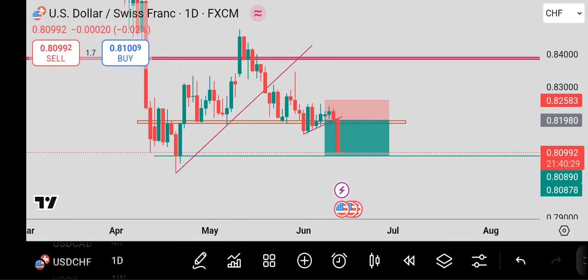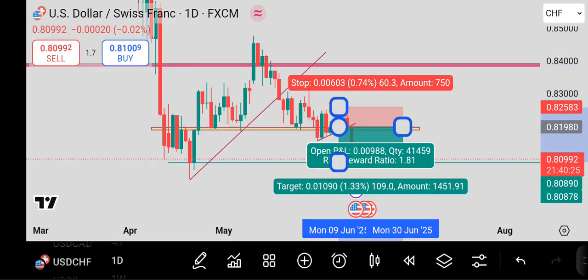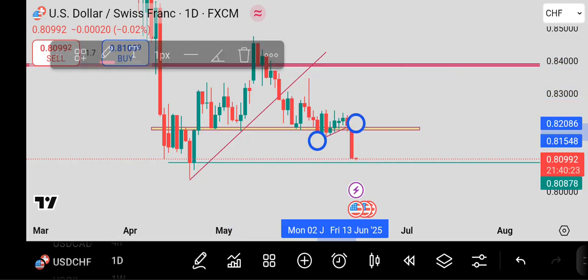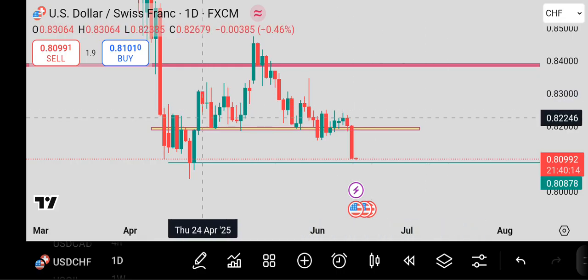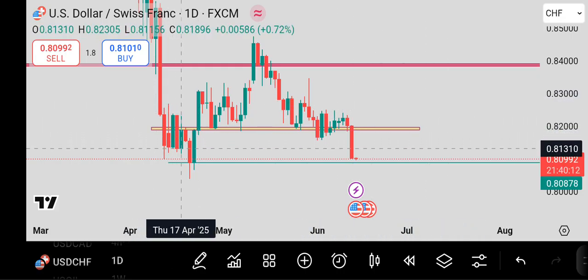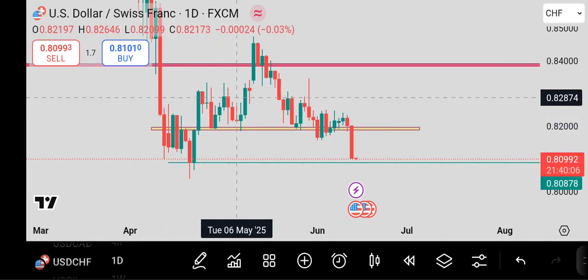Honestly speaking, let me remove all these things so that it will be very clear to us. When I saw this, the market was making a series of highs because it was going to touch the neckline. It was making higher high, higher low, higher high, higher low, higher high, higher low, higher high.